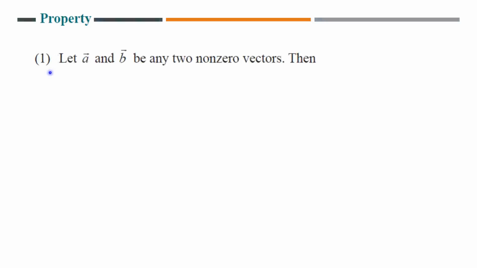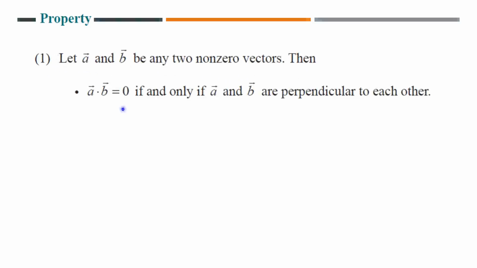Let us see some properties in scalar and vector products. See the first one. Let a vector and b vector be any two non-zero vectors. Then a vector dot b vector is equal to 0 if and only if a vector and b vector are perpendicular to each other. That is, when we find the scalar product and get 0, then we can say a vector and b vector are perpendicular to each other.